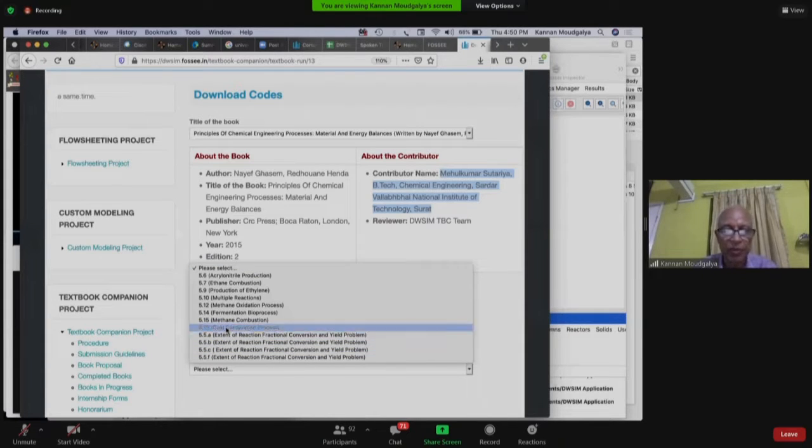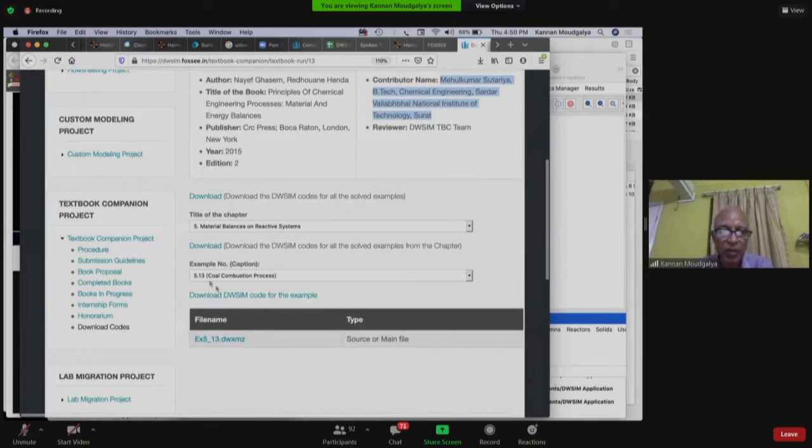Supposing I select 5.13, coal combustion process, then you can download this, and this is only one file, example 5.13. This DWSIM code is there. So in other words, it allows you to check the code for a particular example, a whole chapter, or an entire book. Okay, and download it, keep it with you.